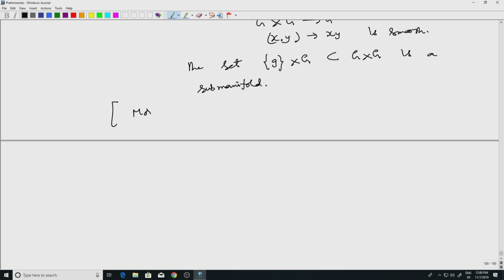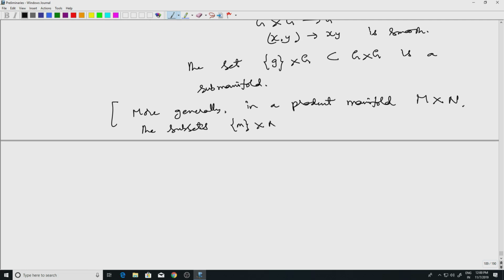More generally, in a product manifold M cross N, the subsets M cross {n} and {m} cross N are submanifolds.